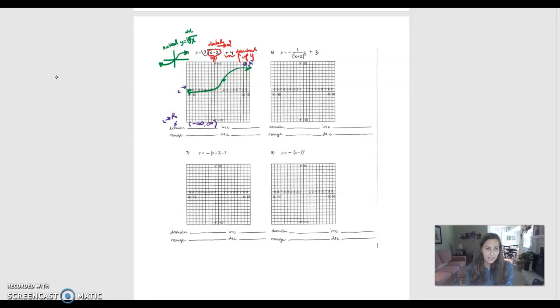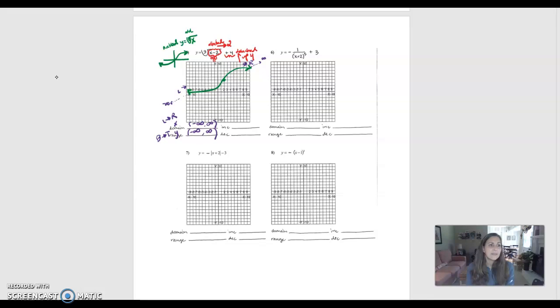Okay, range. The range are your y values, and for the range, you read it bottom to top. Now, that's very important. This is a little bit harder to see, but even if you can't tell, this thing is going down infinitely to negative infinity, and it is also going up infinitely to positive infinity. So the range is also negative infinity to positive infinity.